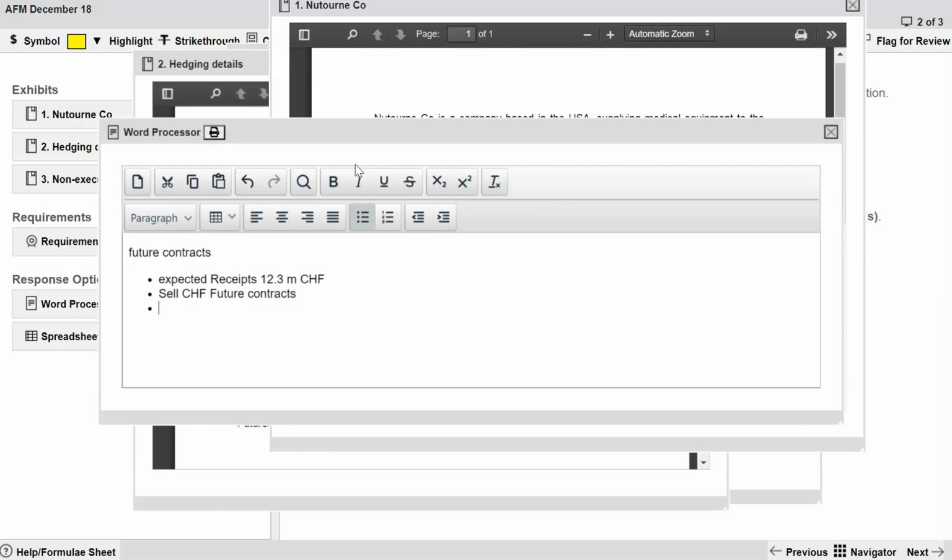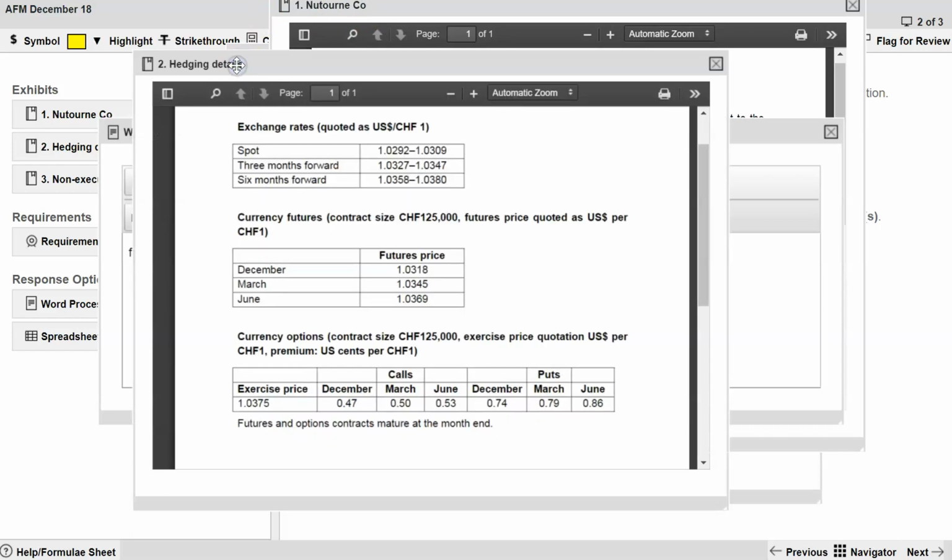And you are going to receive the amount in May, so you will choose the June contract. The rate of the June contract is 1.0369 dollar over CHF.